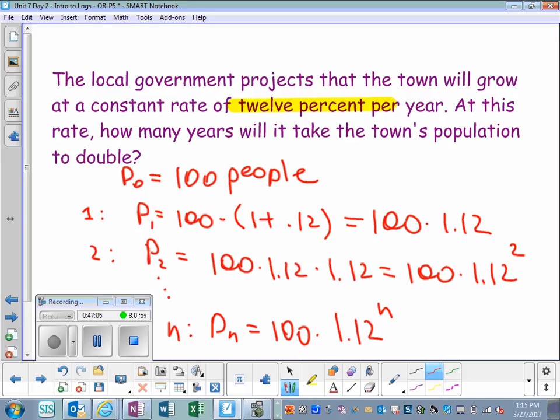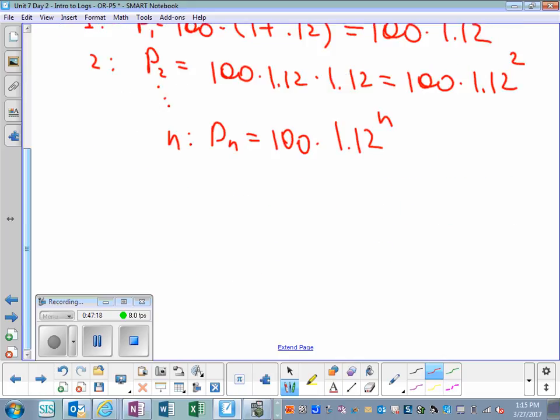Okay, let's... Why is it in plus? Why isn't it plus 0.12? Oh, okay. So let's think about this, right? If I start with 100 people today, when the population grows by 12%, 12% of the 100 is 12 people, right? So it's 100 plus 12. That's what you're saying, right?